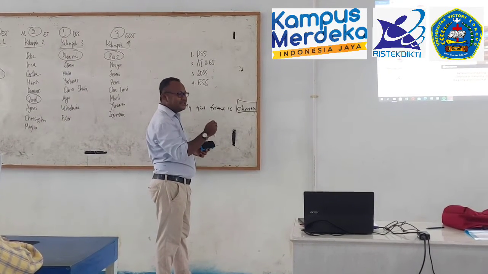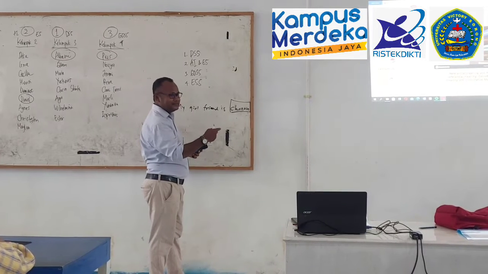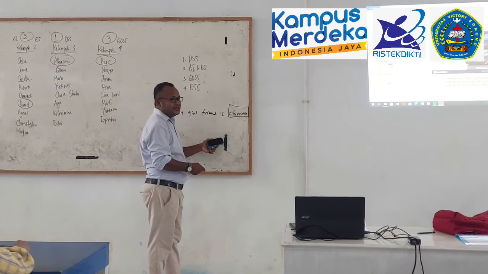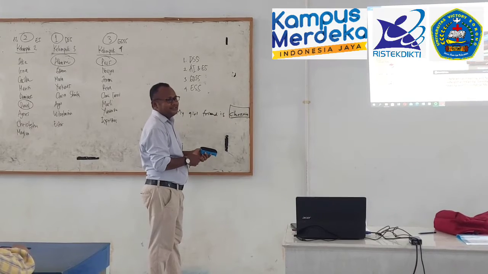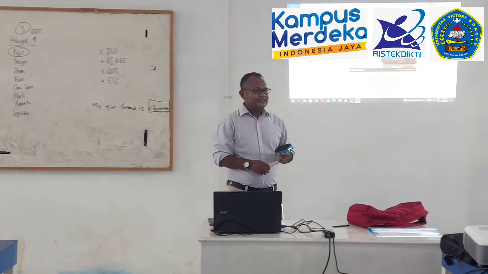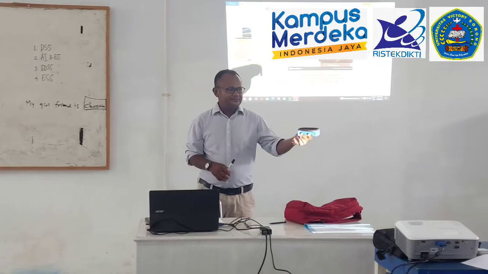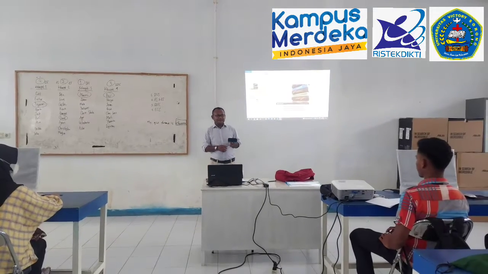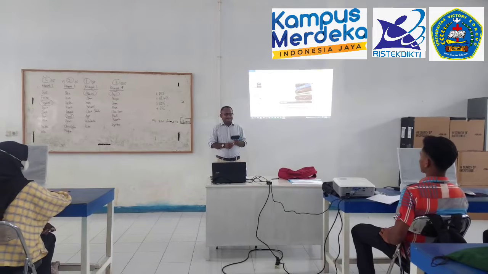So the reference is the place. When you ask about a name, Christine is a person. Christine now is sitting next to you. She's over there. Okay, do you understand the explanation? Yes, sir, I understand. Thank you so much.